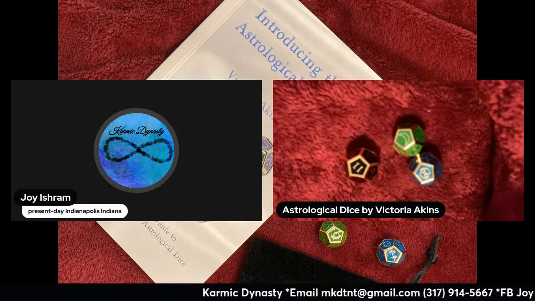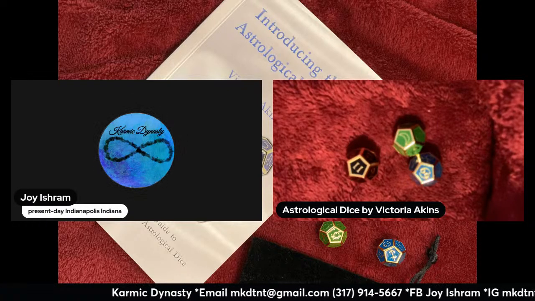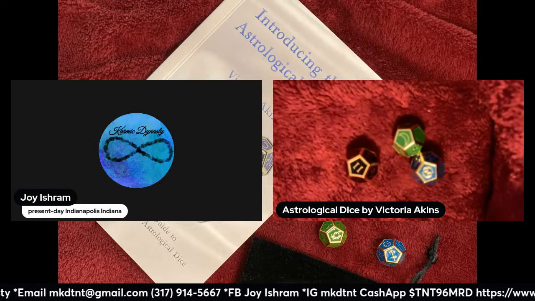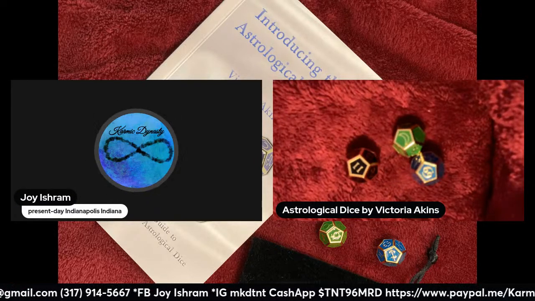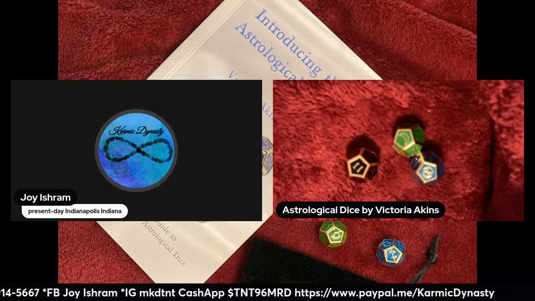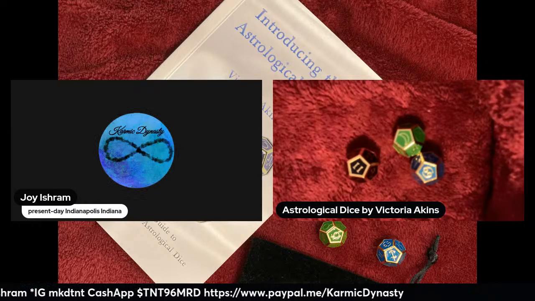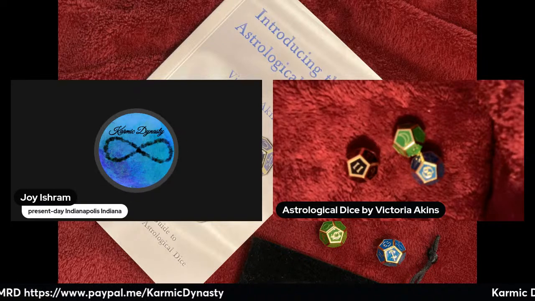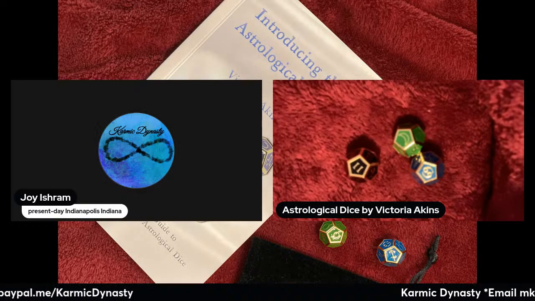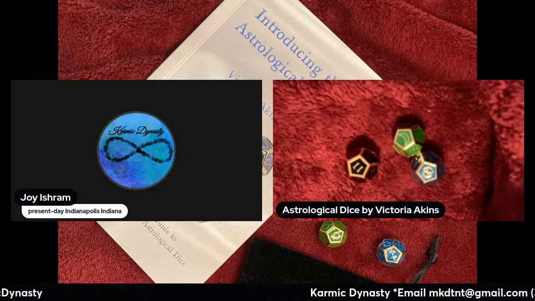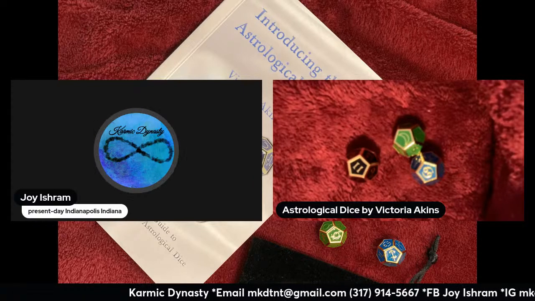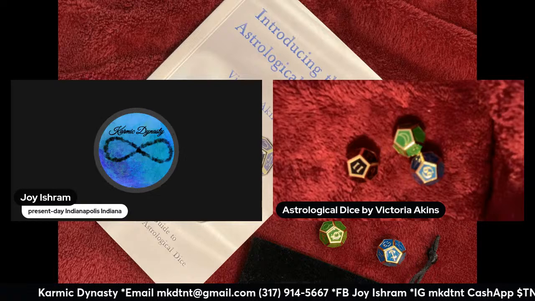I'm continuing forward. The Zodiac dice, the blue one, provides insights concerning how your scenario will unfold. So this die displays the 12 zodiac symbols on its faces: Aries, Taurus, Gemini, Cancer, Leo, Virgo, Libra, Scorpio, Sagittarius, Capricorn, Aquarius, and Pisces.